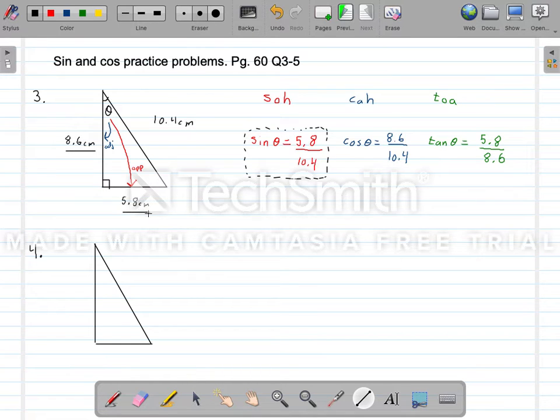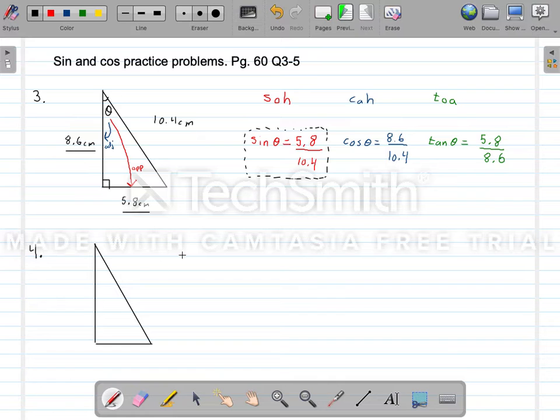Do we know what side is opposite? And can we write that as a trigonometric function? Do we know how to write tan theta equals 5.8 over 8.6? That's all we're doing. In the next few lessons, tomorrow and the day after, we'll actually start calculating the angle. Right now, we're just writing these expressions correctly.